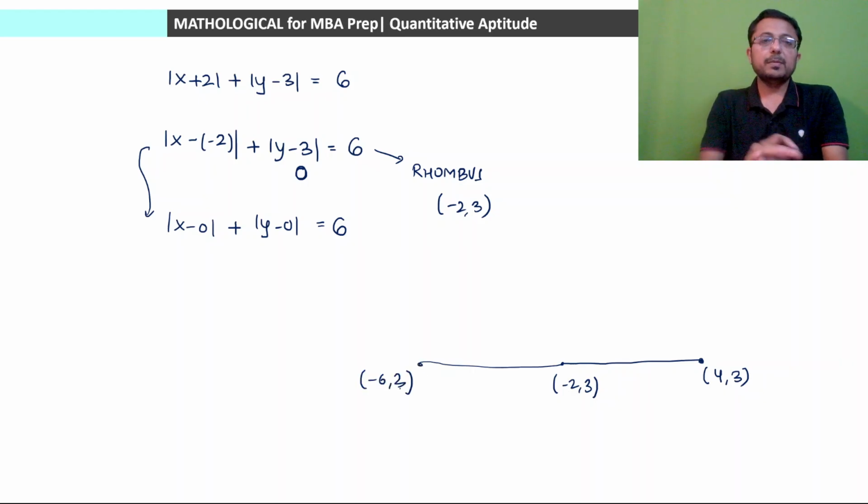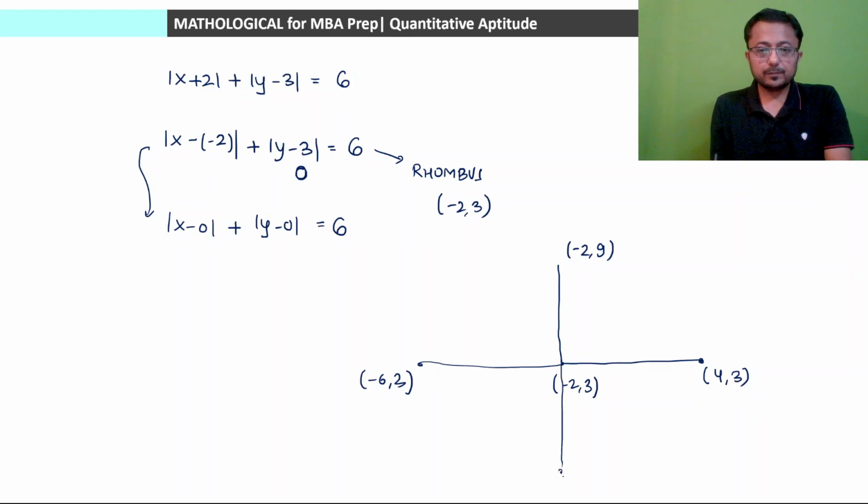So these two will be the points horizontally. Similarly, vertically, if mod of x plus 2 is equal to 0, then mod of y minus 3 will be equal to 6. So y minus 3 can be plus 6 or minus 6. So 3 plus 6 will be 9, and 3 minus 6 will be minus 3. So one point will be minus 2, 9 and the other point will be minus 2, minus 3. So this will again be a rhombus.